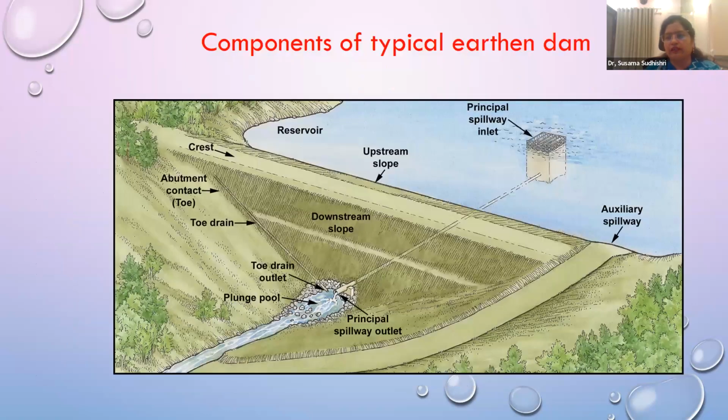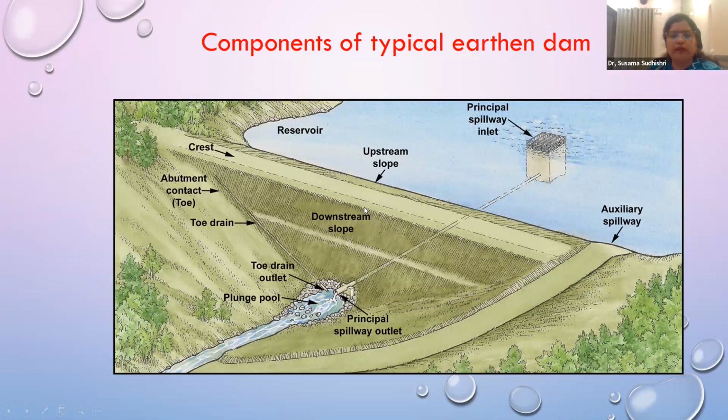If we look in general at the different components, as we studied in BTech, the components of a storage structure are these: the storage, with water flowing from the catchment to the storage area, the crest barrier, then the emergency spillway as well as the mechanical spillway through which water flows for irrigation.